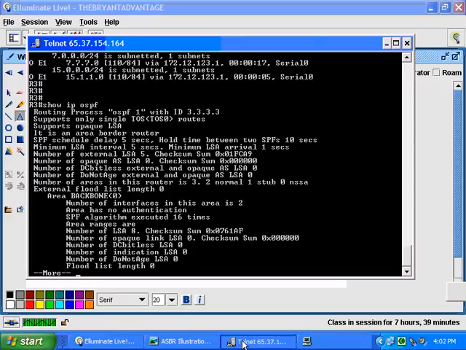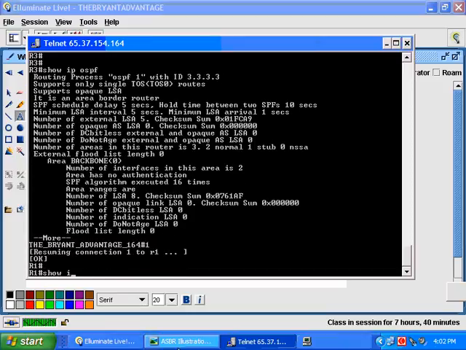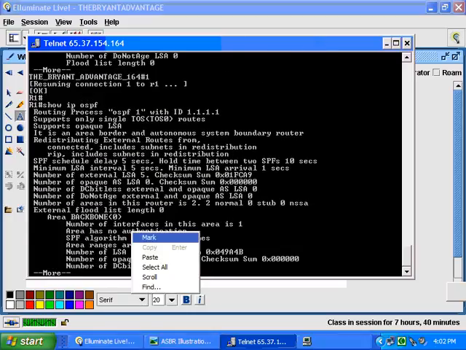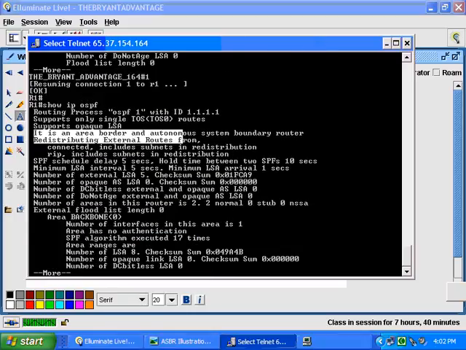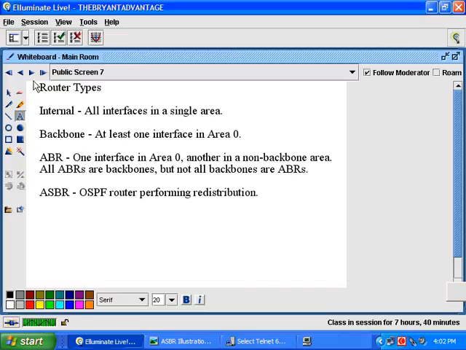A lot of people forget about this command. There's a lot of good information in it, especially when you're getting into hardcore OSPF troubleshooting. And right here, though, simple enough, it is an area border router. And if we go up to router 1, we should see multiple roles being filled here, and we do. It is an area border and autonomous system boundary router. That's it. So those are the router types.